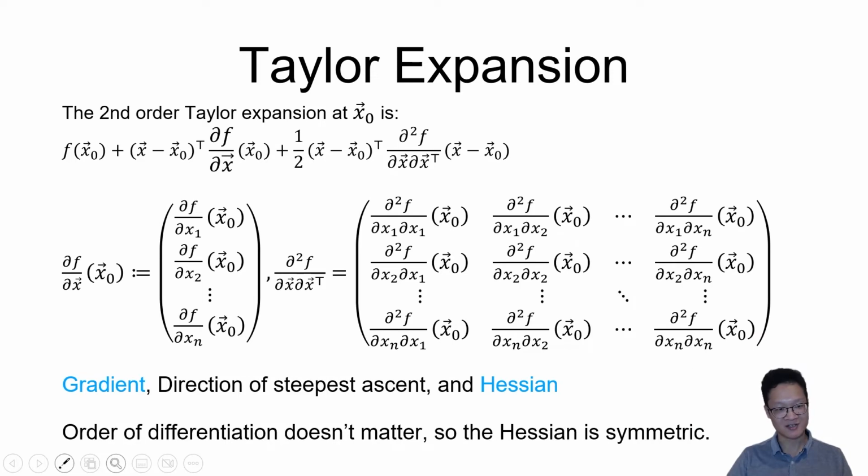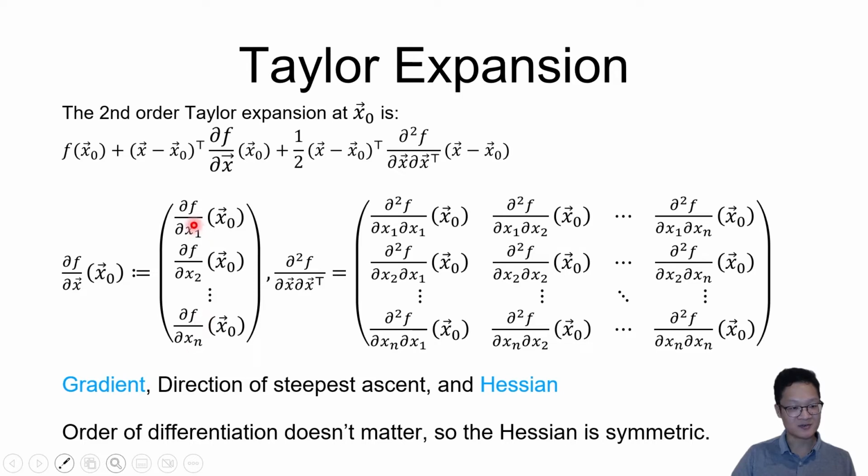Okay, moving on to the hessian. So the hessian is actually taking the gradient. The notation is going to be a bit confusing, but here's how you remember it. First you remember that the gradient is just a column vector of all the partial derivatives of f.